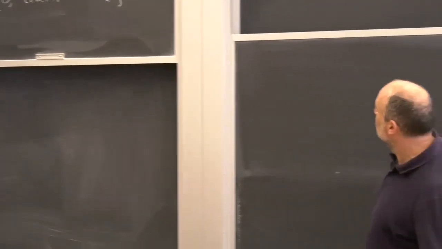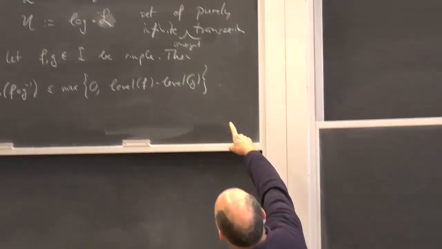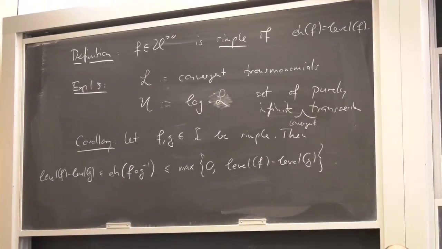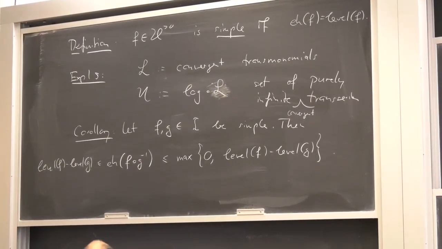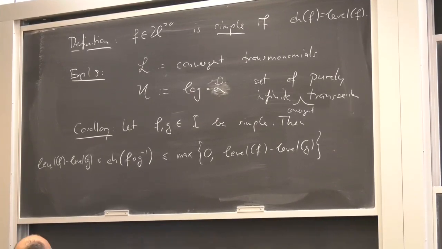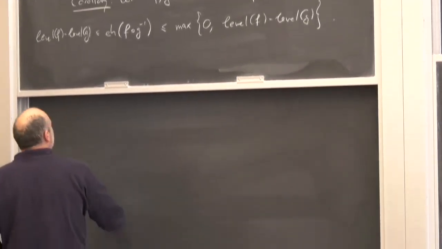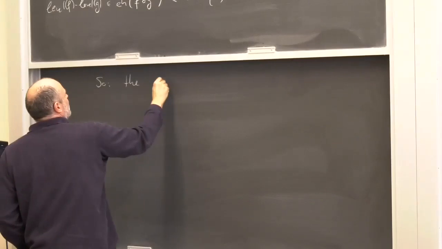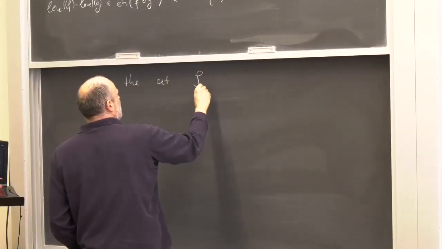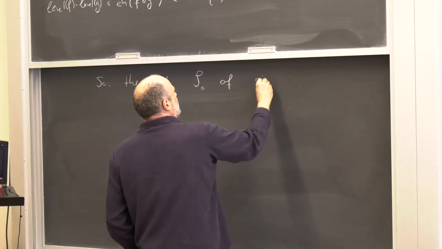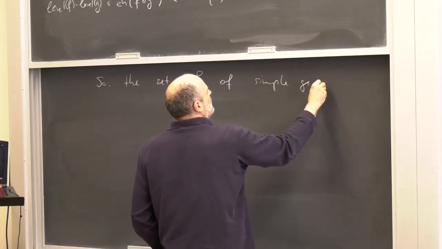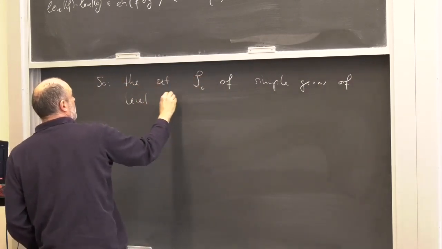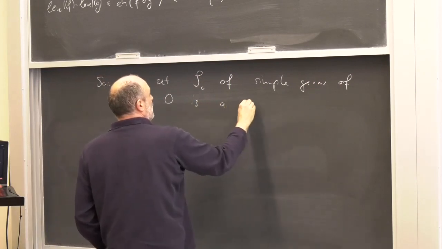And so, for instance, what you get from this is, if you take simple terms of level 0, they form a compositional group. So the set of simple terms of level 0 is a group under composition.